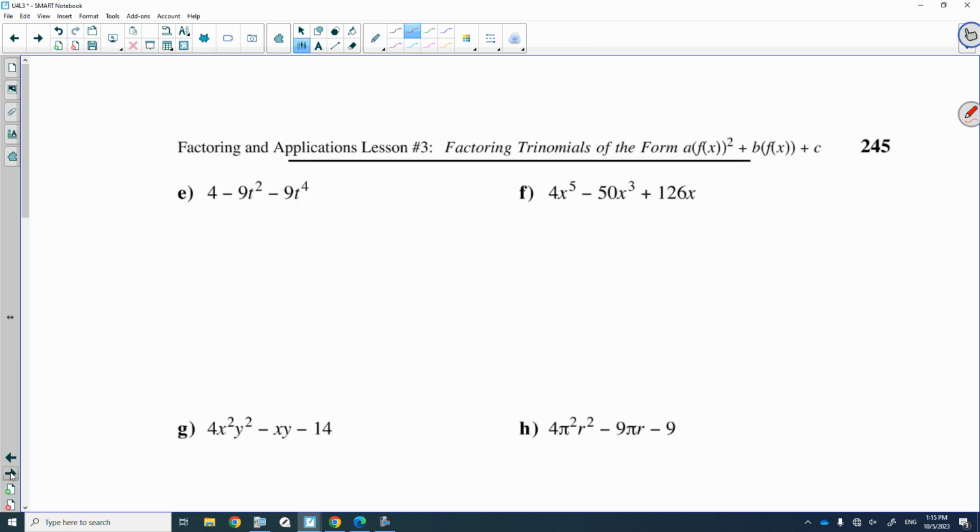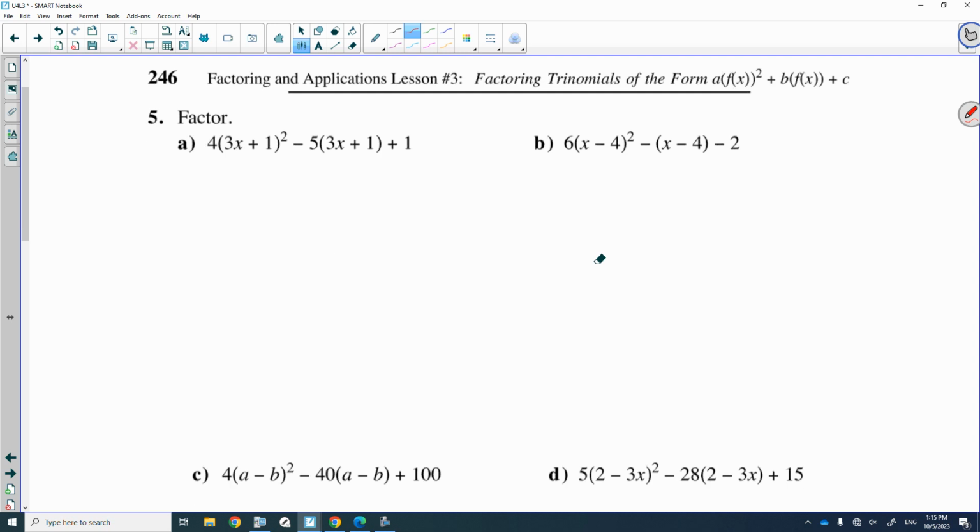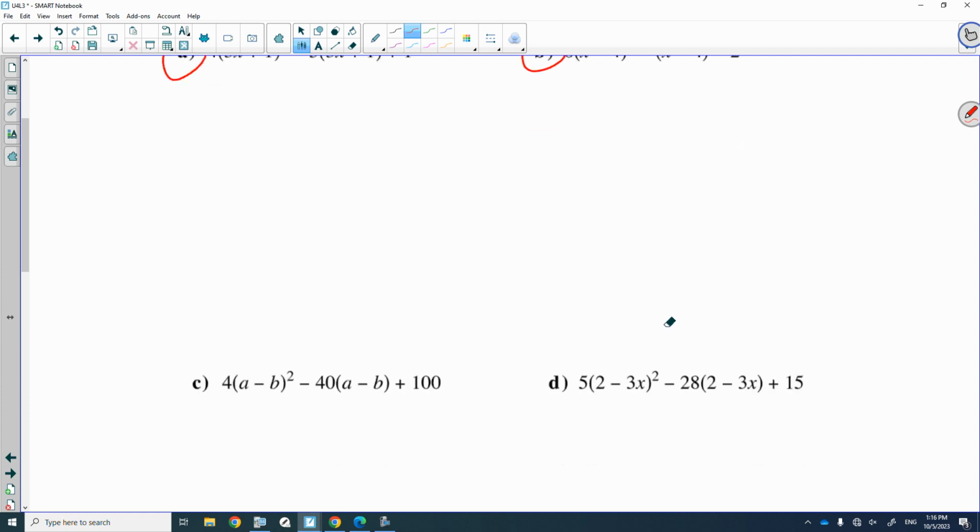Okay, I'm just going to give you some special factoring questions. I want you to do 5A, 5B, 5D, and C. And then C, I want you to star.